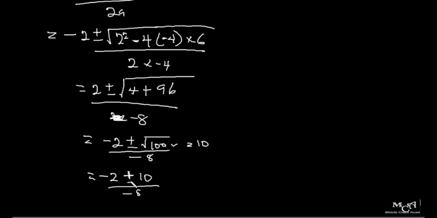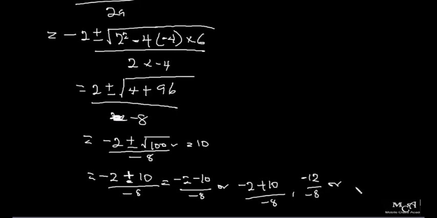Because of the plus and minus that is here, we are going to divide this expression into 2. So that will give us minus 2 minus 10 all over minus 8, or minus 2 plus 10 over minus 8. Minus 2 plus minus 10 will give us minus 12 over minus 8, or minus 2 plus 10 will give us 8 over minus 8. So from here, minus cancel minus. 4 goes here 2, 4 goes here 3.